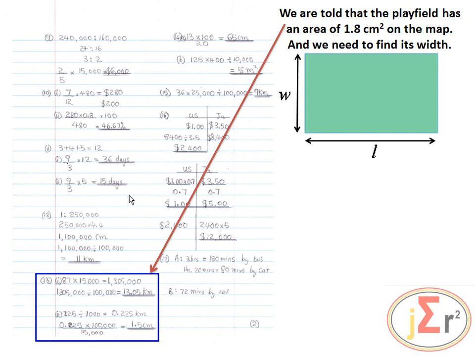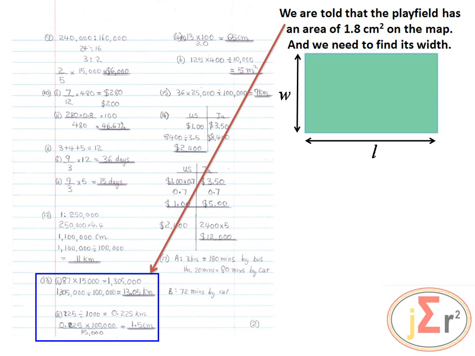Now we have gone into area, and as we get here, one might be thinking, right now is where we need to apply the square of the scale factor. But let us see. Given that the area of the playground on the map is 1.8 centimeters squared, calculate the width of the playground as shown on the map.